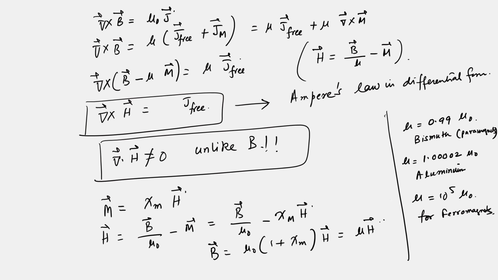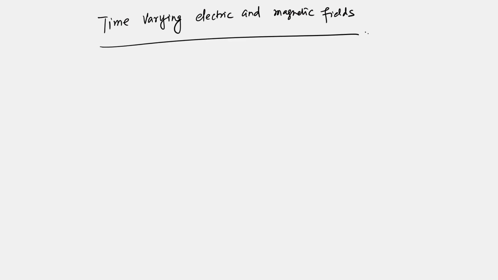Okay. All right. So, we are closing in, but let us do one more quite important thing, which will bring us to the last part of this module, and that is time varying electric and magnetic fields. All right.